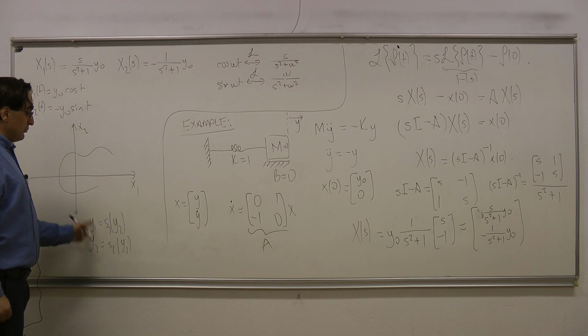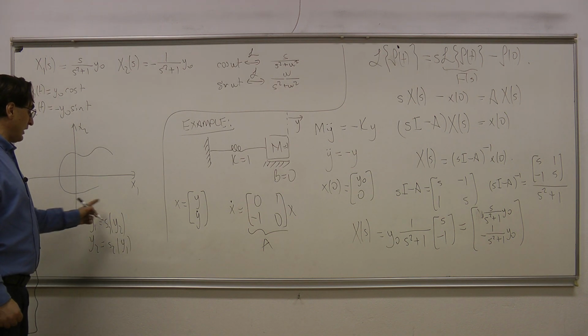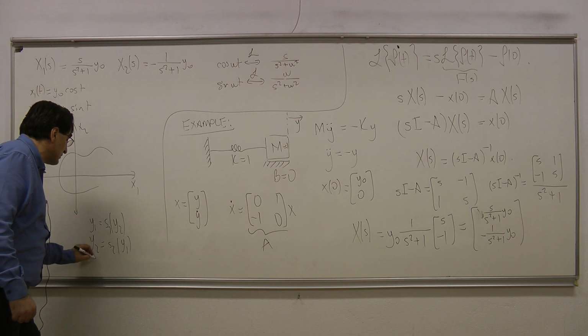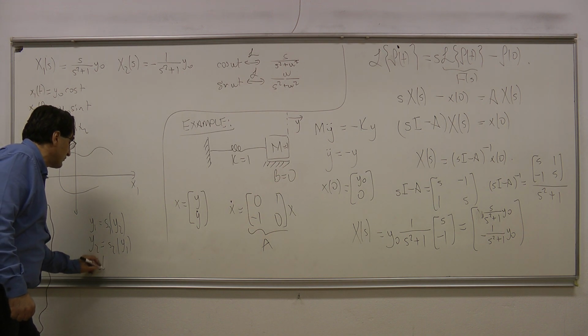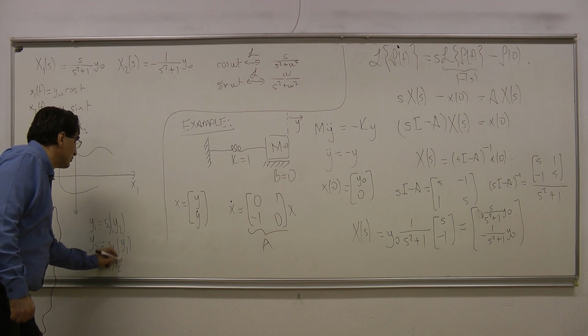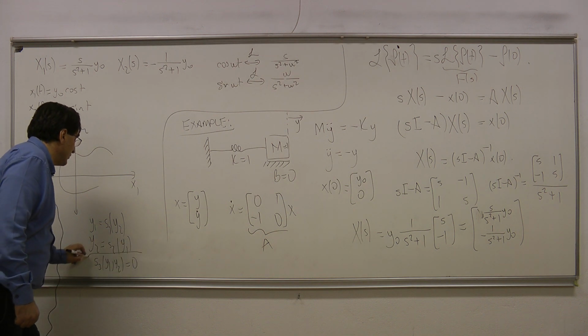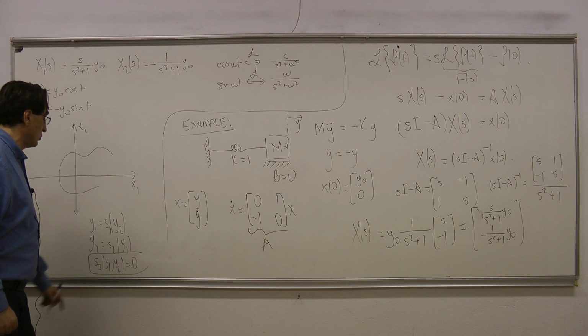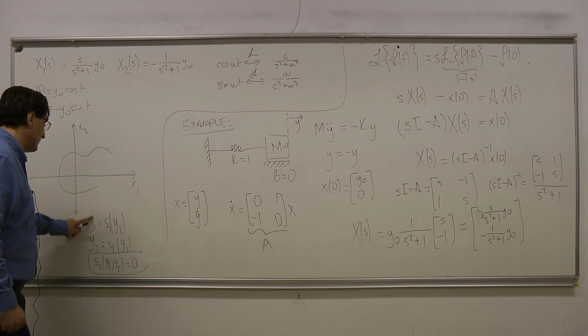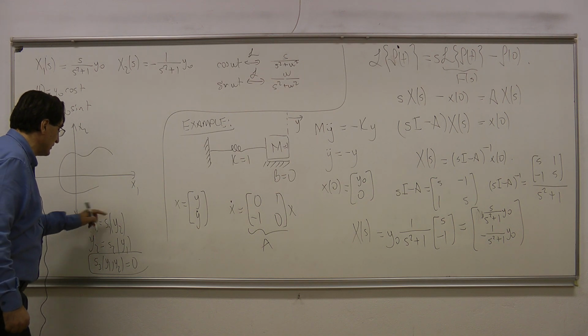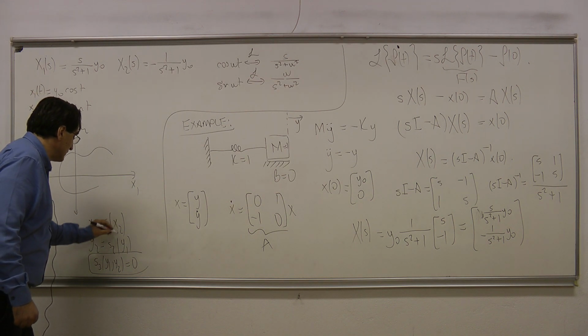Or sometimes I won't be able to obtain any of these forms. Sometimes I will just obtain s3 of y1, y2 is equal to 0, an equation of this form. By the way, what I mean here are these x1 and x2, not y's.